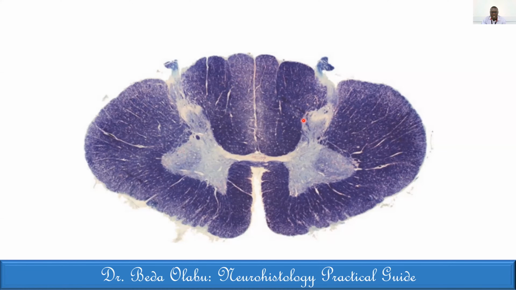Then I like what you've noted about the size of the dorsal gray compared to the ventral gray, that the ventral gray is quite prominent here. And that tells you that this region is giving rise to a plexus. So with those, we narrow down to the cervical spinal cord.